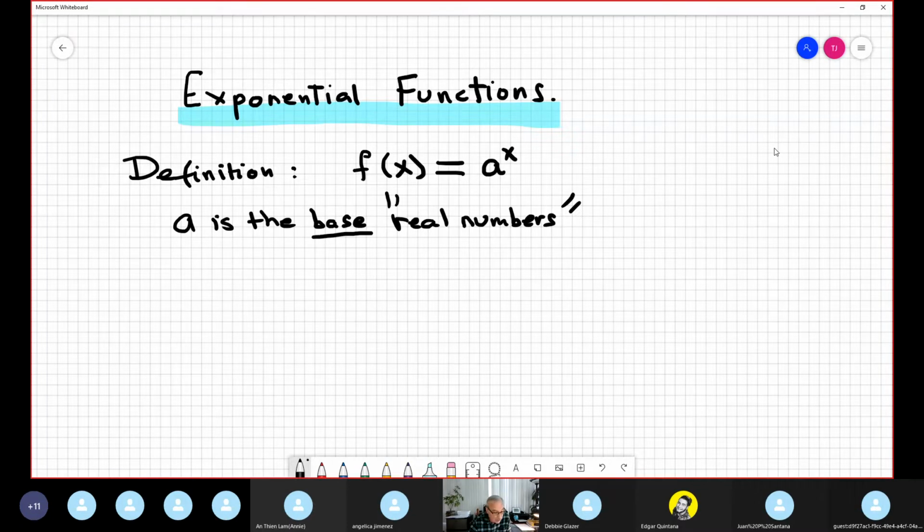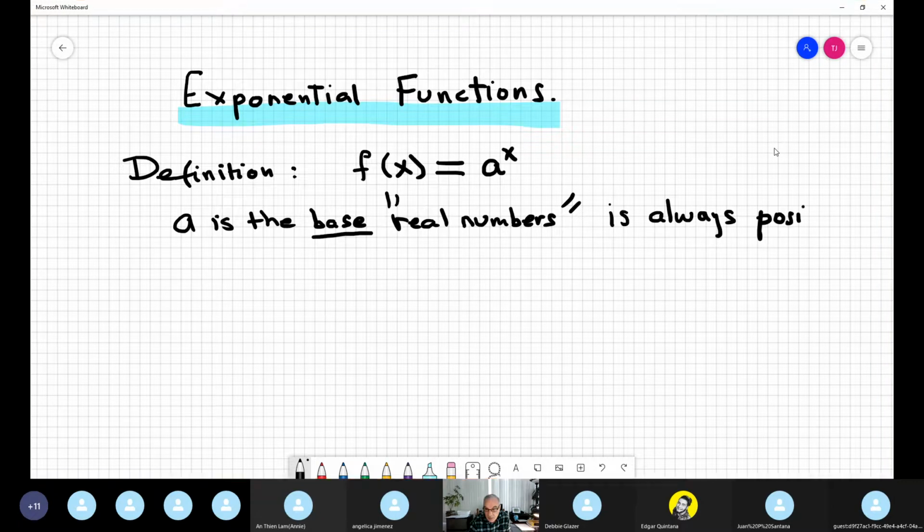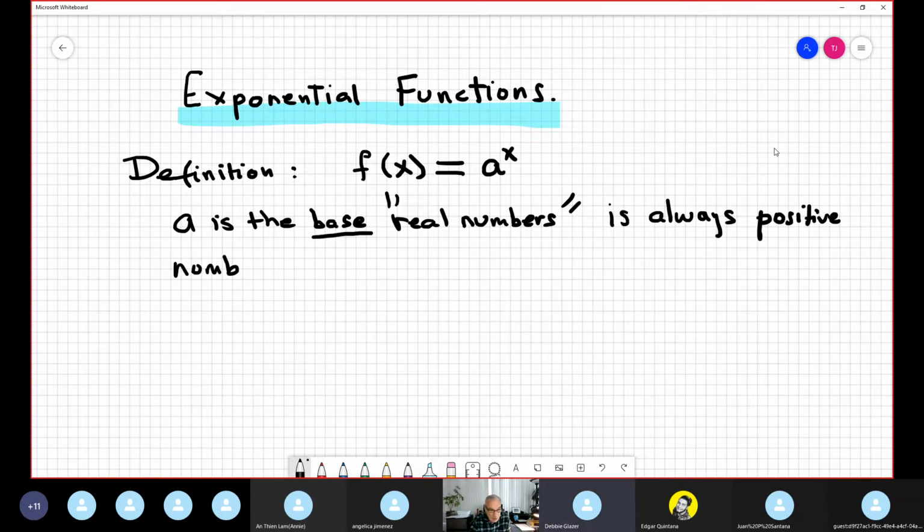It's always a positive number. And of course, there are more restrictions: no 0 and no 1, because this is a trivial example.